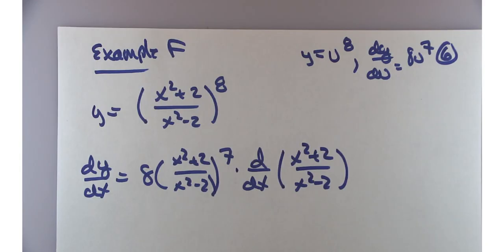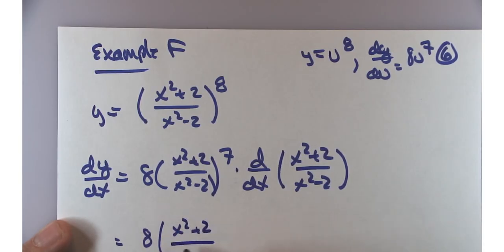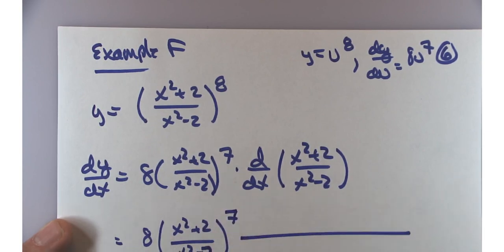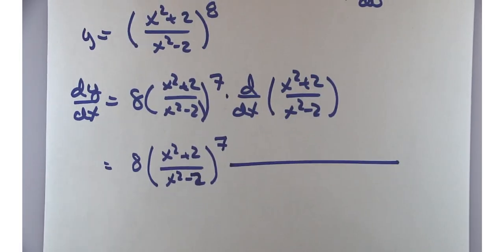Everyone's favorite. Even your instructor couldn't easily avoid using the quotient rule on this one. So, not a bad idea to practice the quotient rule. 8 times x squared plus 2 over x squared minus 2, raised to the 7th power. Quotient rule. Go at it. Have fun.